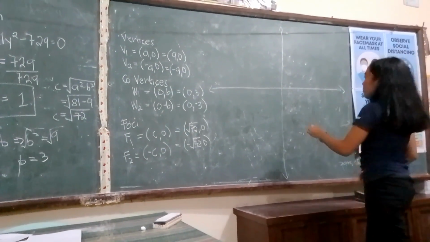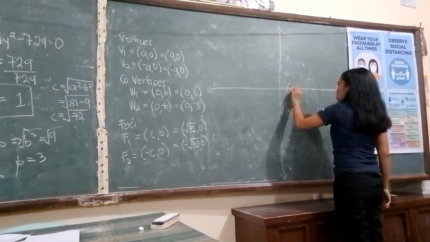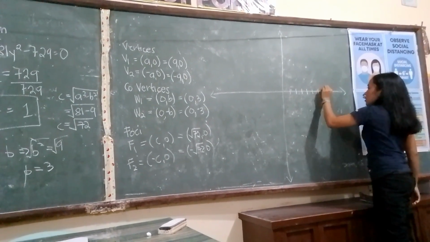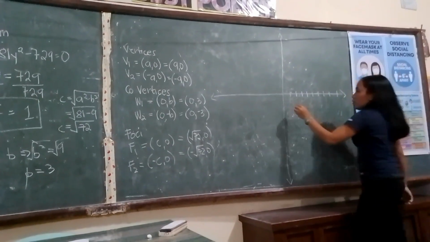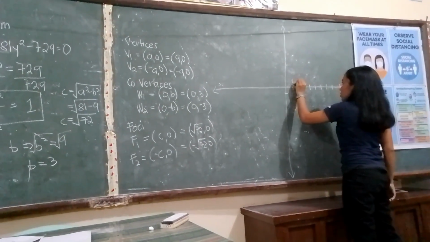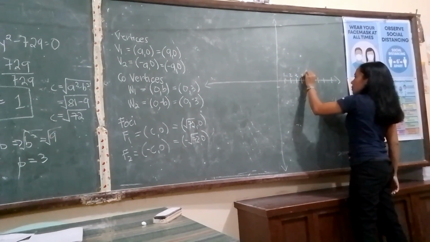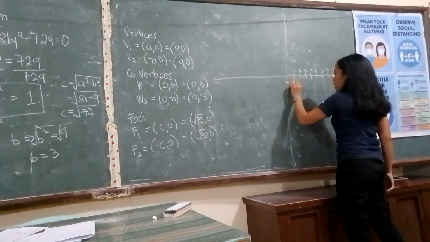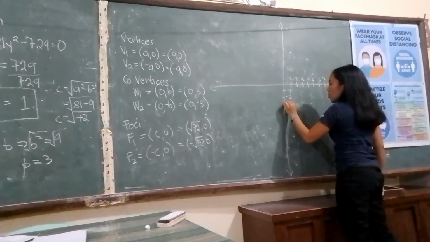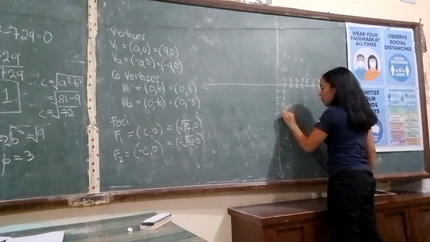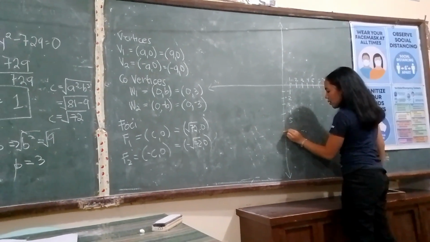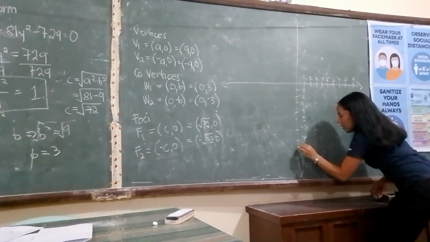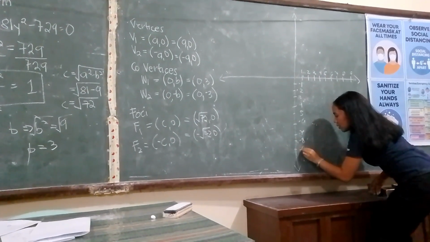We have 1, 2, 3, 4, 5, 6, 7, 8, 9. We also have negative 1, negative 2, negative 3, negative 4, negative 5, negative 6, negative 7, negative 8, negative 9.